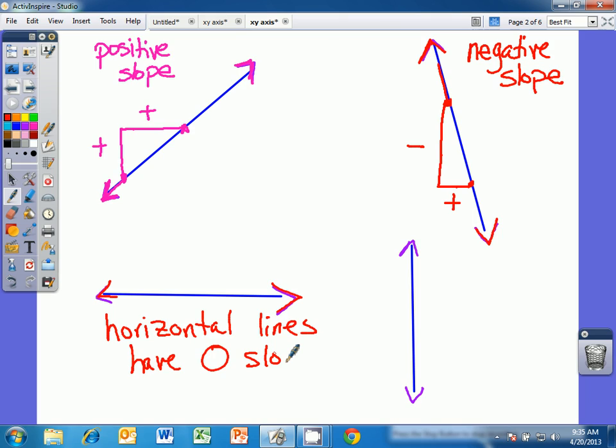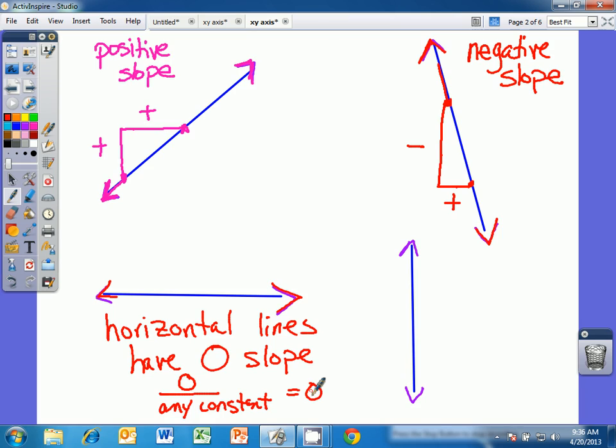If we do that algebraically, the change in the y direction, there is no up or down movement, and so that would be change in y is 0 divided by any constant, any number that we would choose to put in the denominator. If we divide 0 by any number, we get 0.